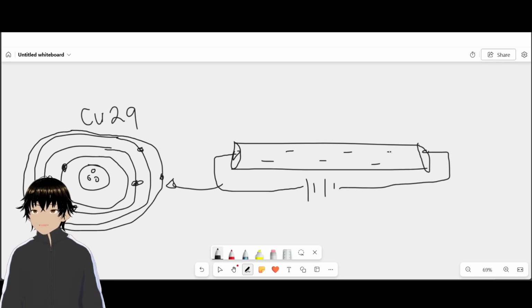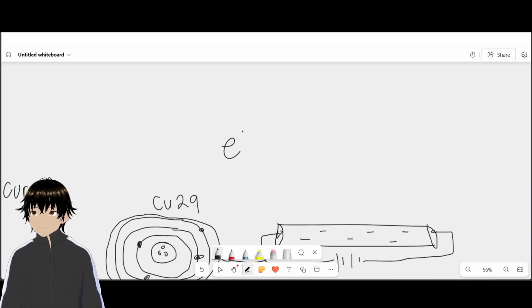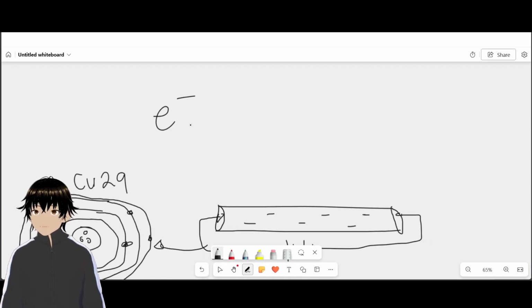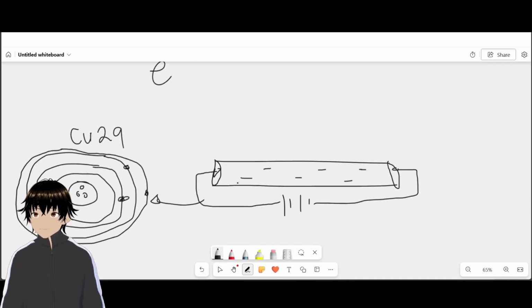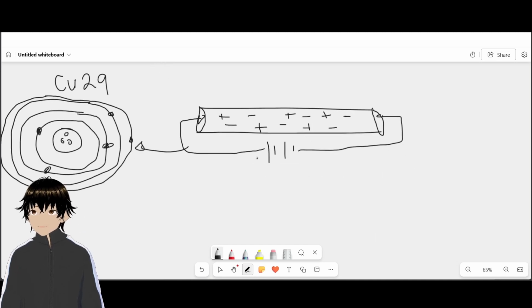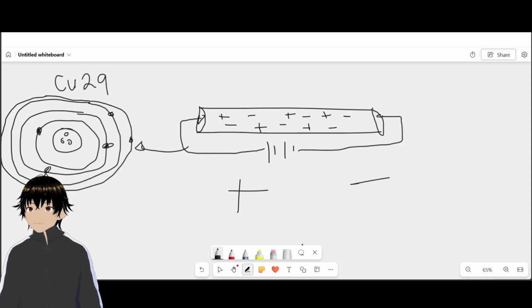And of course on both sides of the battery there are going to be positive and negative.